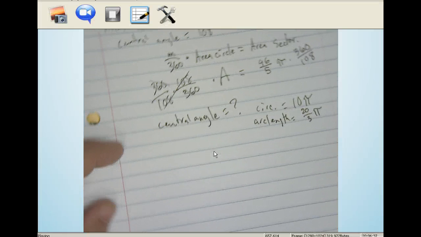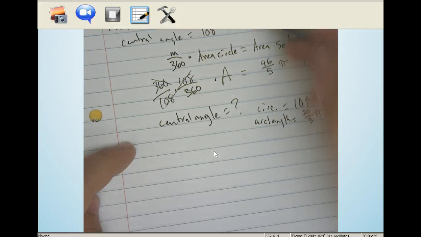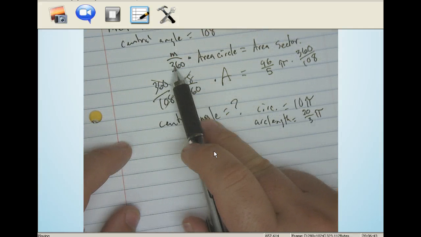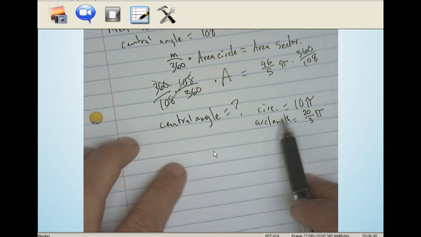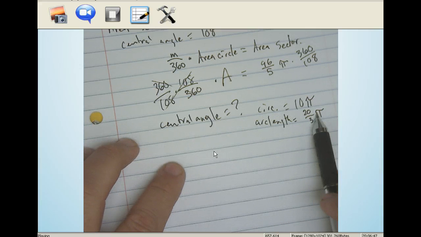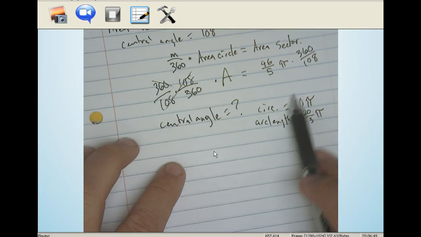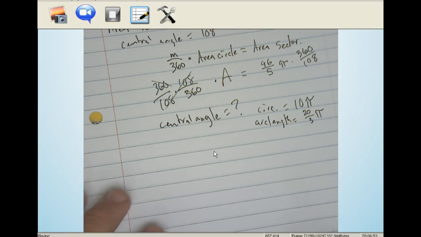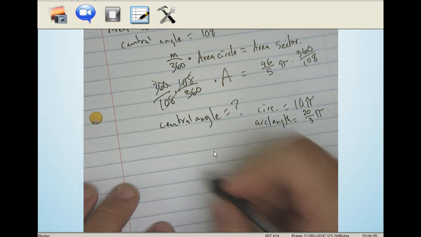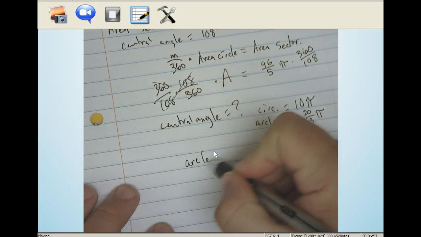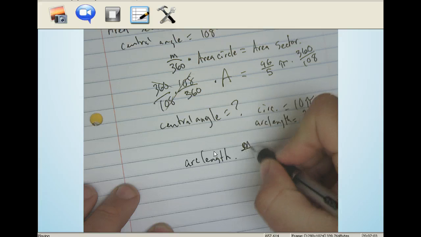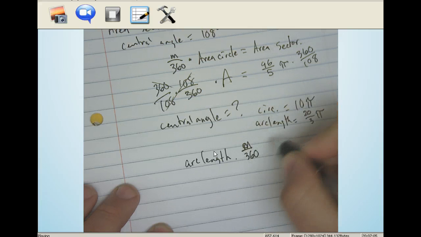Now remember the formula. The formula says we take this proportion here, except it's not going to be measured in degrees over 360. It's going to be the measure of the arc length over the circumference. Okay, so now we know the circumference times the central angle, the measure of that central angle, I'll call that m, over 360.